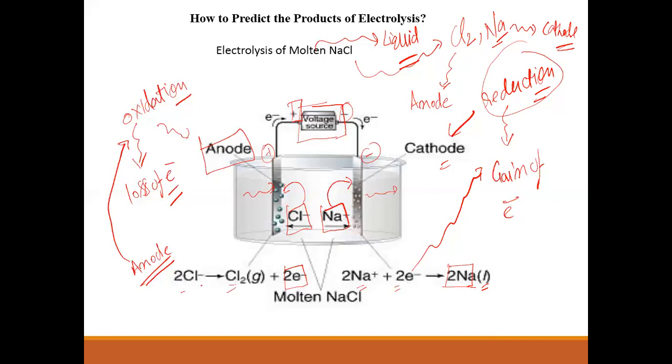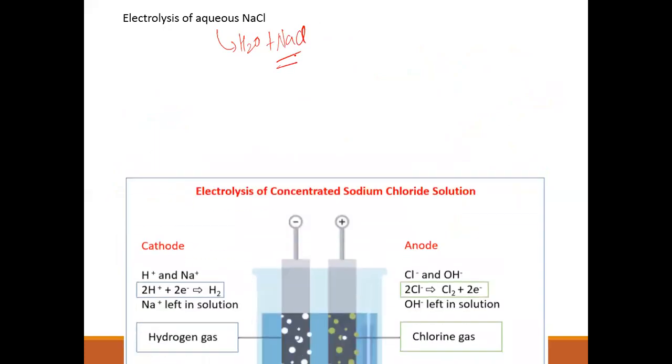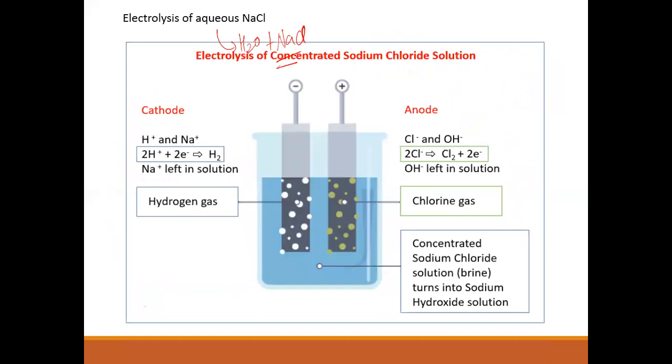Okay. Now we proceed to the next part, that is electrolysis of aqueous NaCl. Here aqueous means dissolved in water, meaning H2O plus NaCl in this equation. Okay, so electrolysis of concentrated sodium chloride solution.